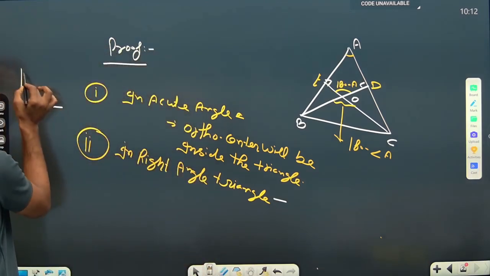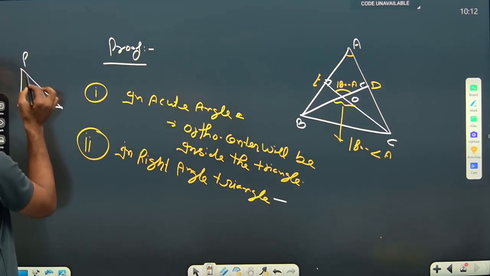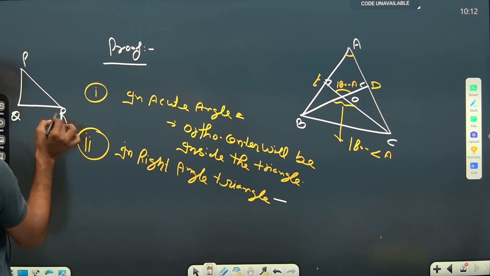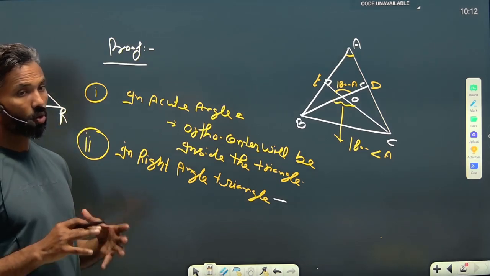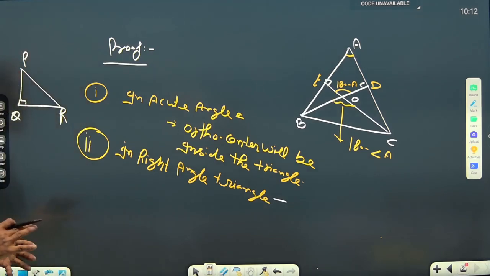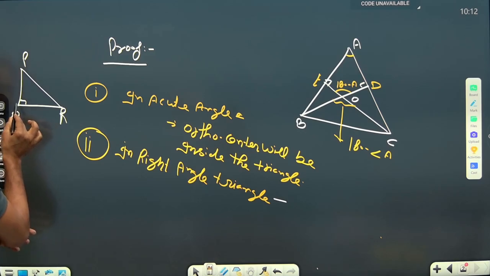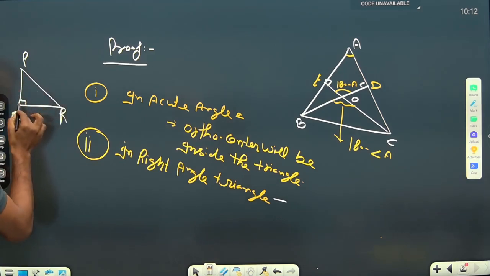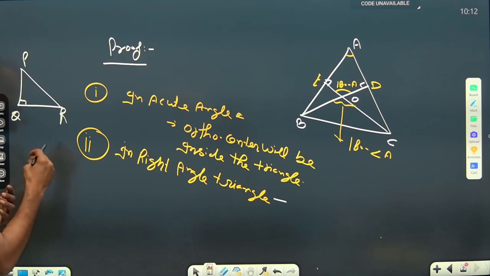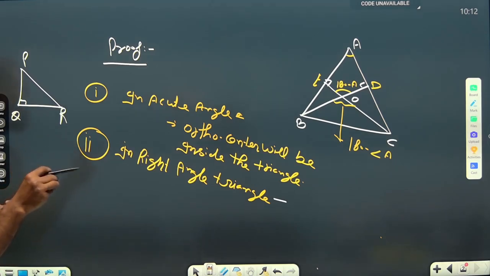This is a right angle triangle, suppose, and I'm naming it PQR. Angle Q equals 90 degrees. If someone asks you the orthocenter of a right angle triangle, always remember that the 90 degree vertex of a right angle triangle will be its orthocenter. So in this triangle PQR, vertex Q is the 90 degree vertex, so this vertex Q will be the orthocenter of this right angle triangle.